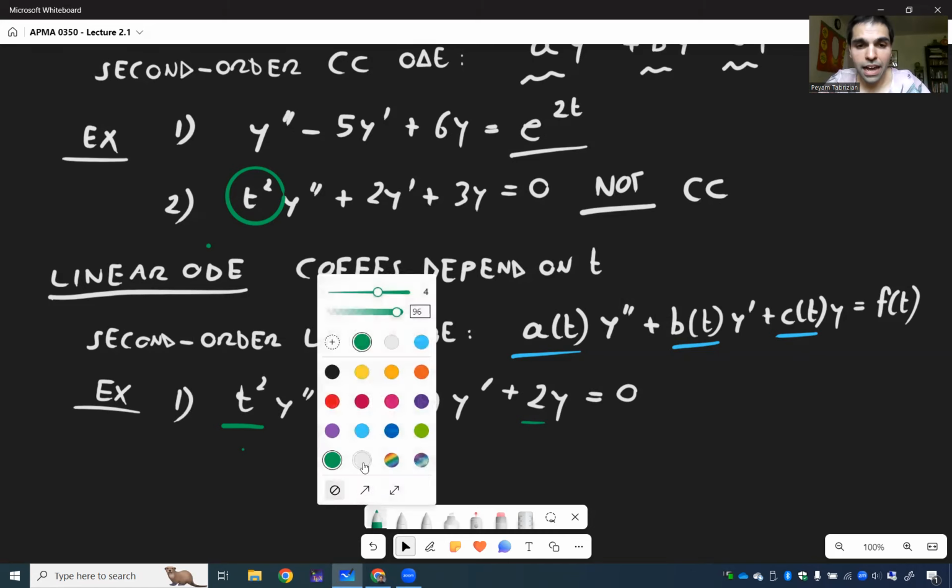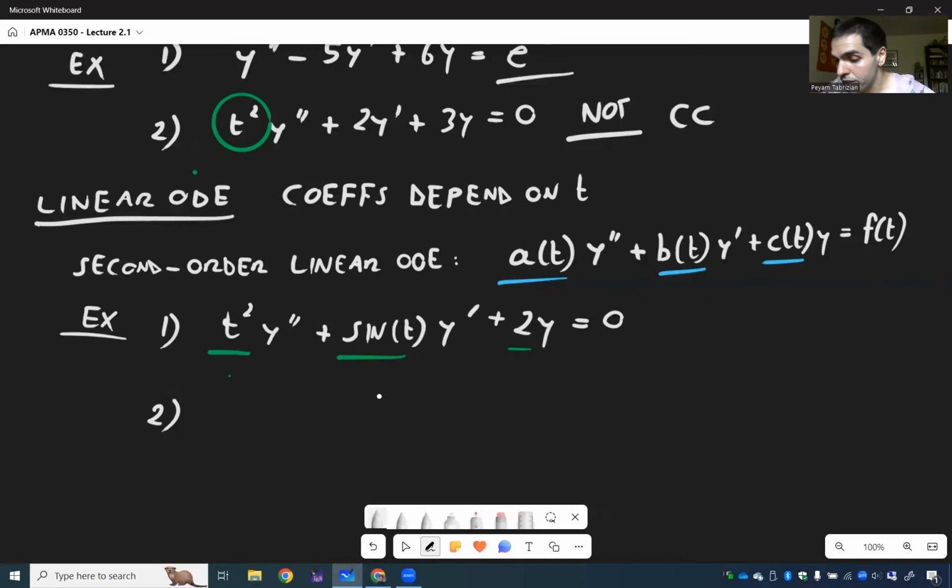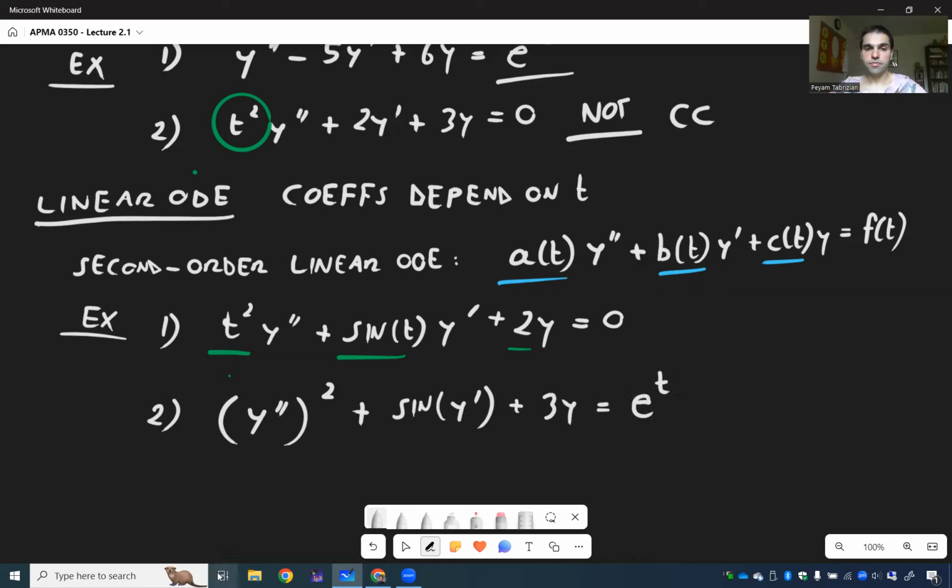And you may ask, what is an example of a nonlinear ODE, when, for example, there are things like squares? Like if you take y double prime squared plus sine of y prime plus, I don't know, 3y equals e to the t.